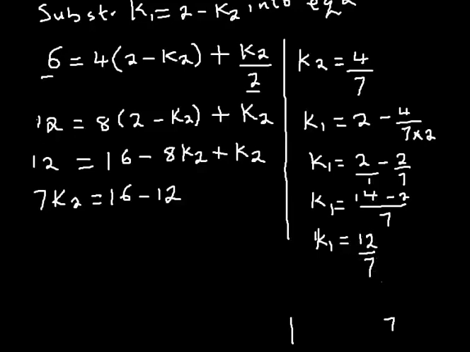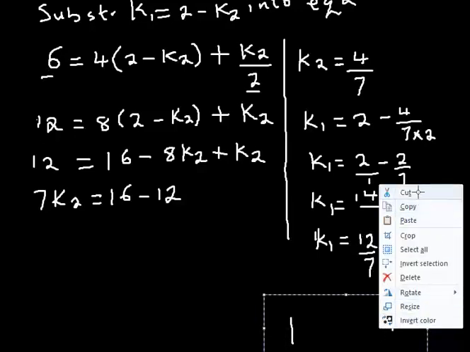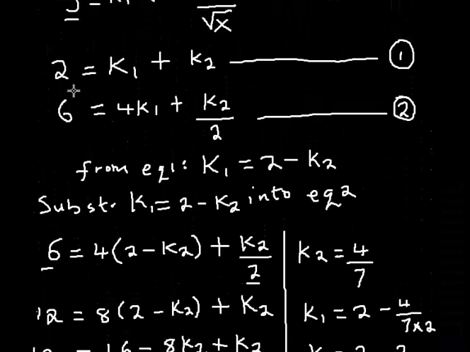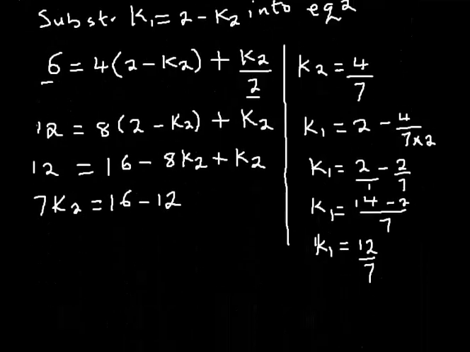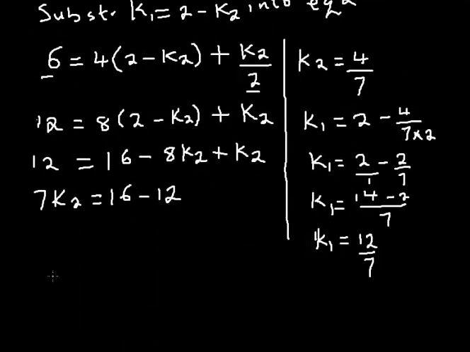So having gotten my k1 and k2, I can now establish that relationship. Remember, the relationship is y is equal to k1x, plus k2 times the square root of x. So I'm having y is equal to k1, which of course is 12 all over 7x, plus k2, which is 4 all over 7 times the square root of x.